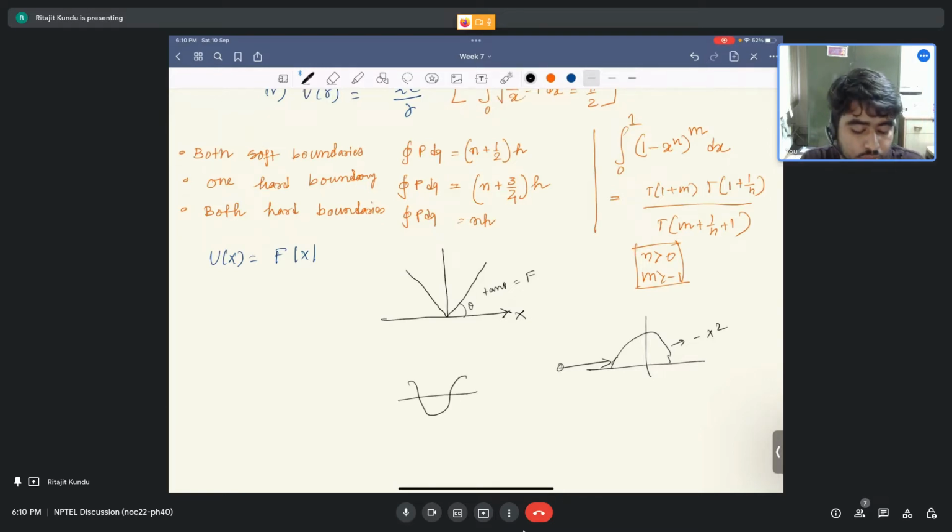Only potentials which have valleys, like this one, can support bound states, because the particle can get stuck in here and the state can be only here. So those are the bound states. But this kind of potential which looks like a bowl upside down doesn't actually support any bound state. It can give you different scatterings, but doesn't support any bound state.